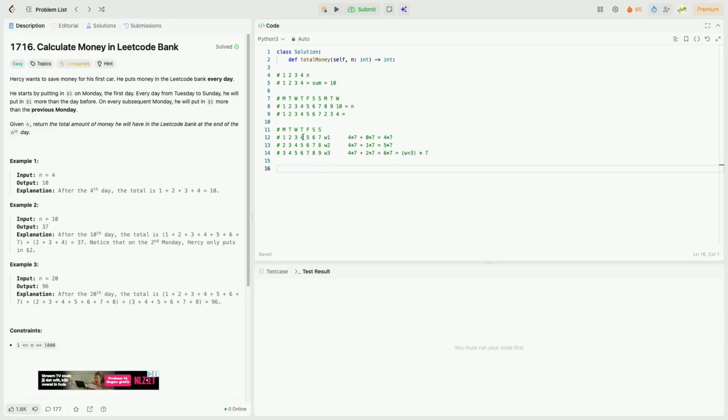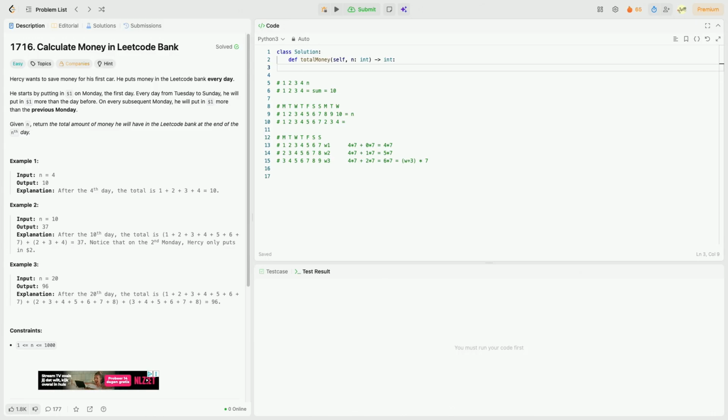And now you could continue and find a formula to adding up all of these sums so that you can compute how much you invested up until that week. And then you only have to continue to simulate maybe the next week. So you could find a closed form for the first couple of weeks and then simulate just the last week. That would actually give you an O of 1 time solution and also O of 1 space. But I'll leave that up to you.